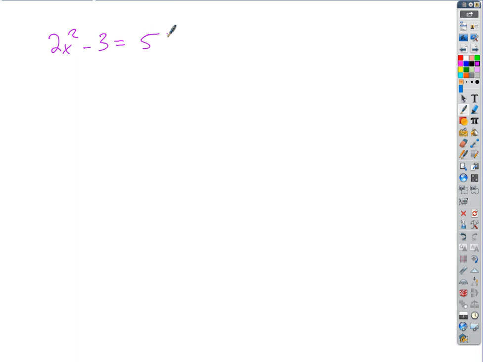What are the steps to solve for x? Add 3. Then divide by 2, and square root. Okay, you guys know that if I square root both sides, what's that going to give me? We got to include the plus or minus. Okay, and that's fine. You can skip the intermediate steps, but they're there for a reason, and understanding what they are becomes important now. So what are they?